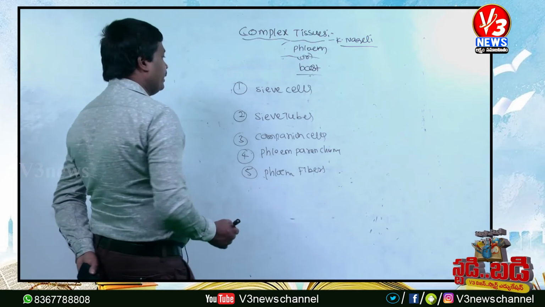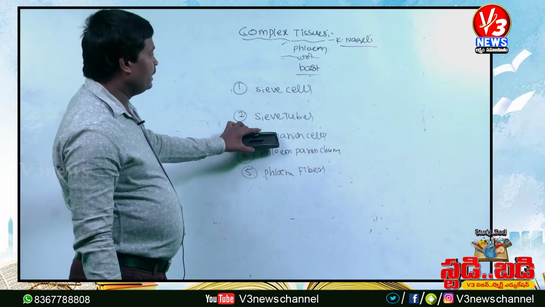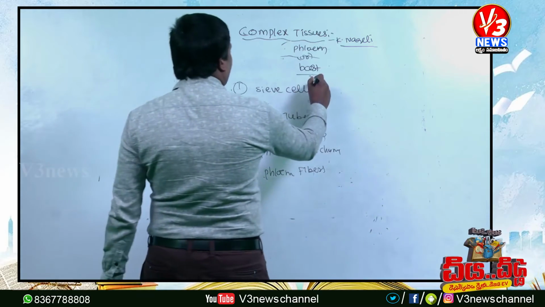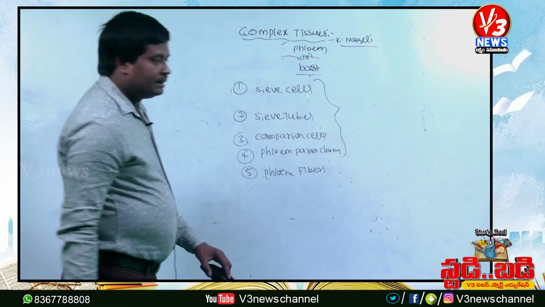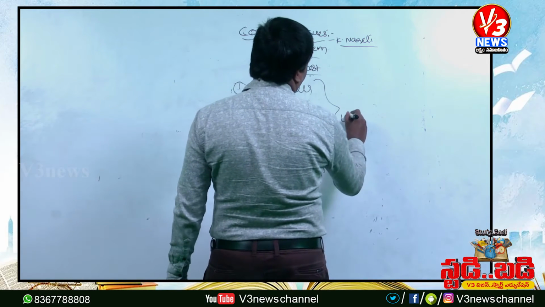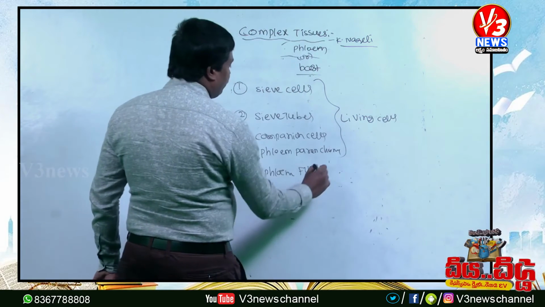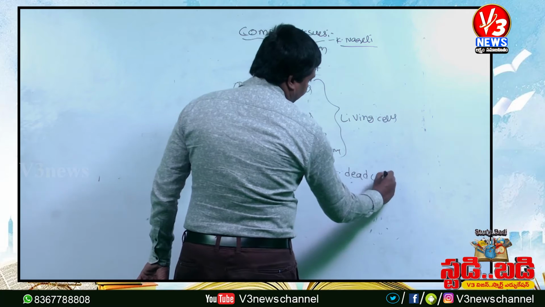Out of these five kinds of cells, I say four because companion cells are always associated with the sieve tubes. Of these, four are living cells, but phloem fibers are dead cells.